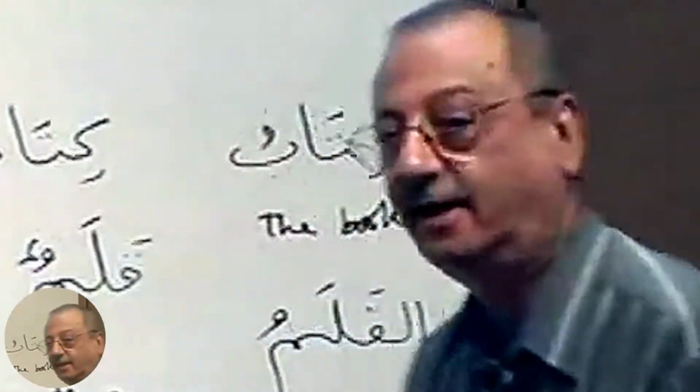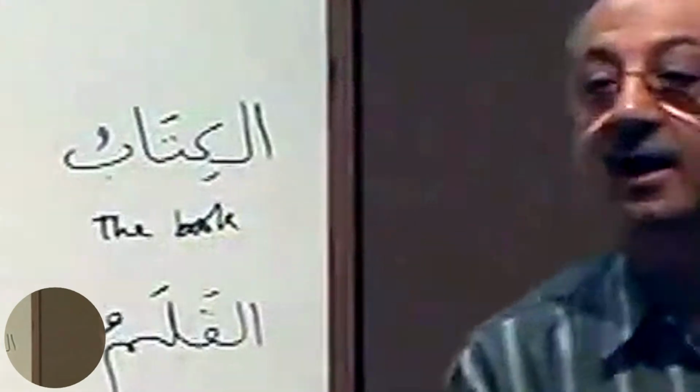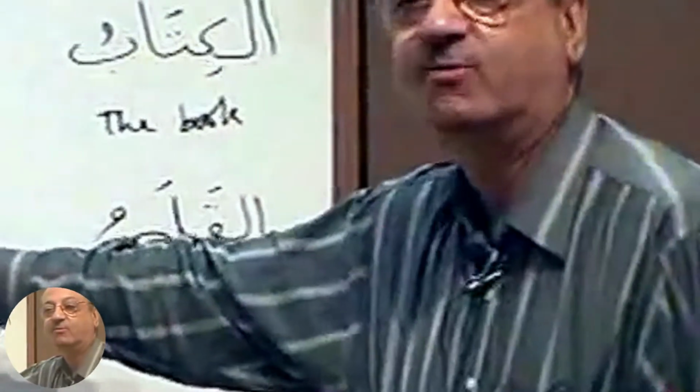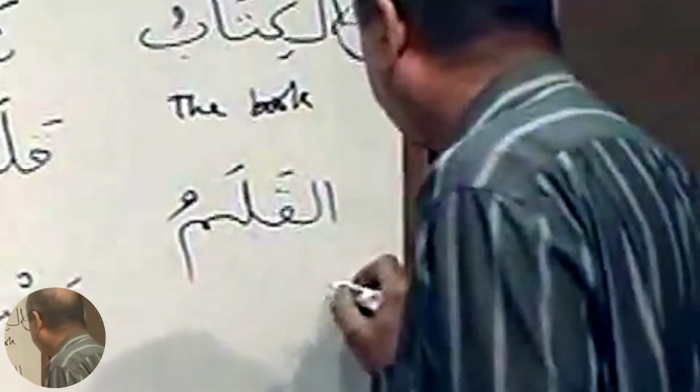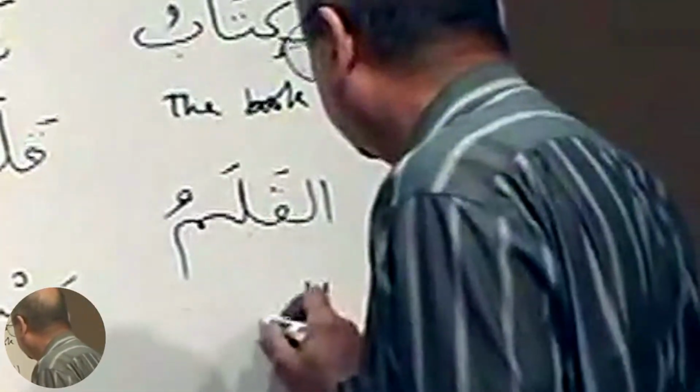Al-kalamu. Got the idea? If I write down al-kalamun, that is wrong, because tanween and al cannot coexist. One has to come and the other has to go. So, if you say al, then only one dhamma. And then here comes al-baytu.